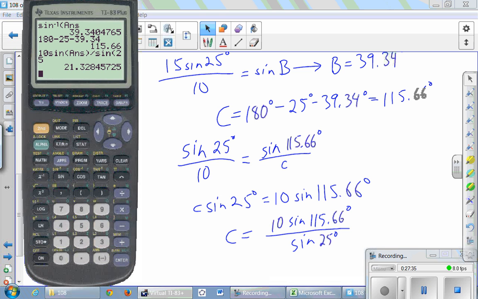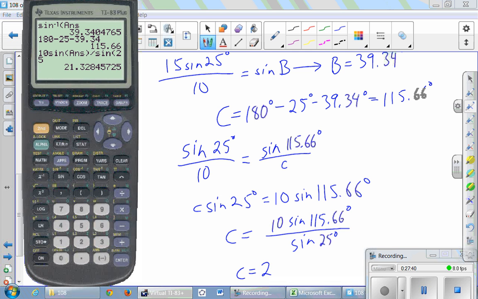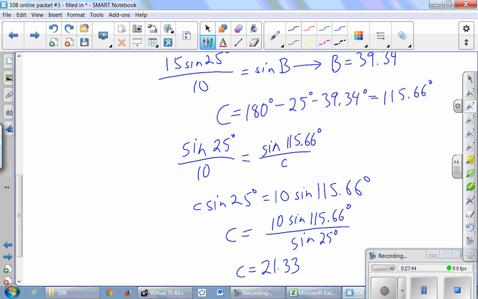Okay, so side c is 21.33. All right, so that is that. So we found angle B was up here, and then we found angle C was this guy. So I'm just filling here, this is C. And then side c we just found is down here.